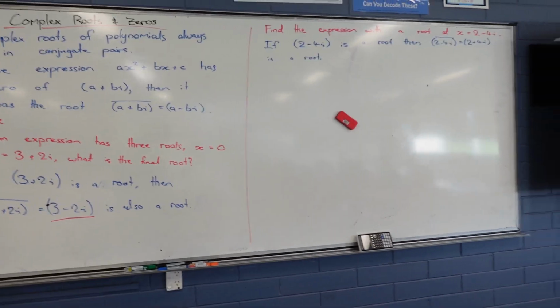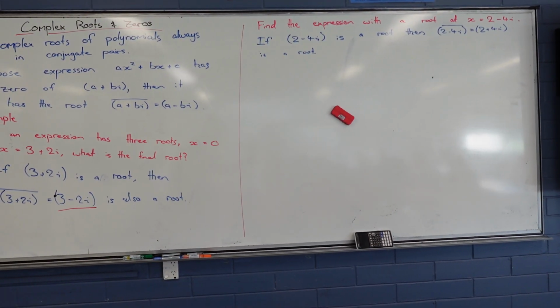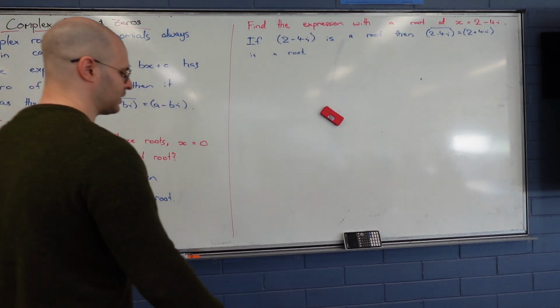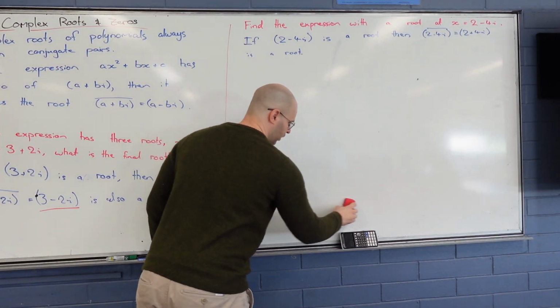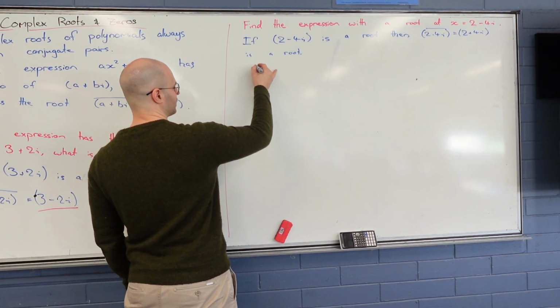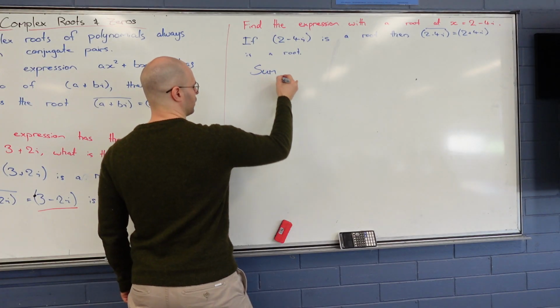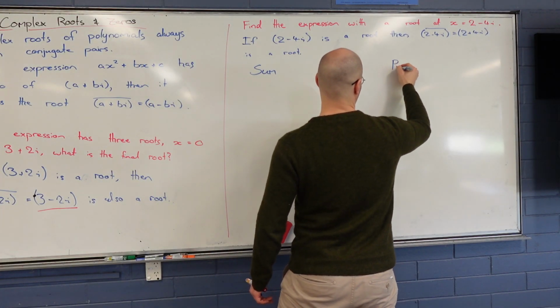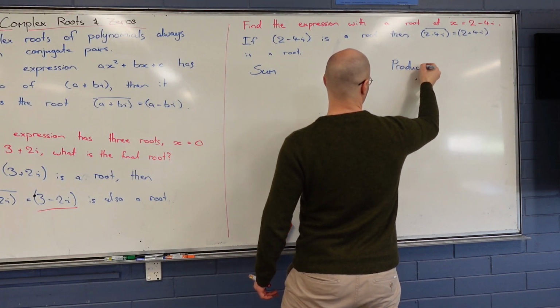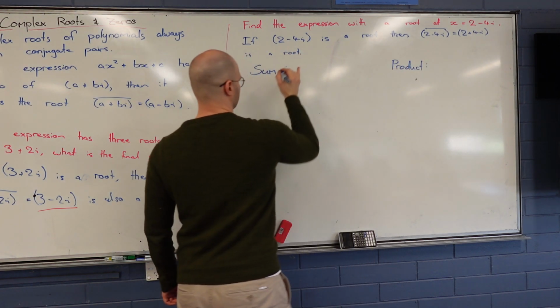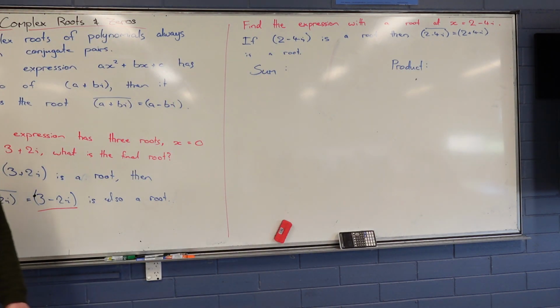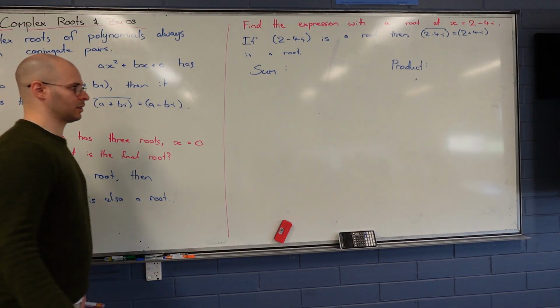Now the next question is, how can we find the expression? Now this leans into your last semester's work. Do you guys remember sum and product? Okay. The sum is a little bit strange.